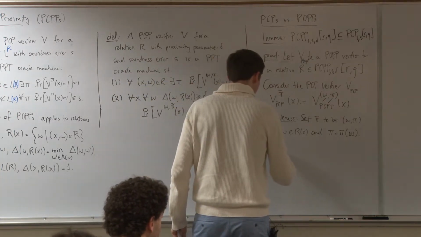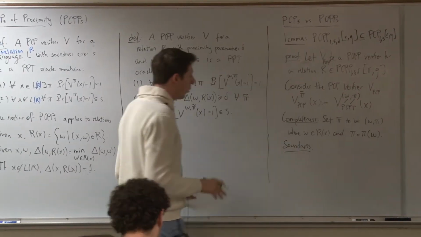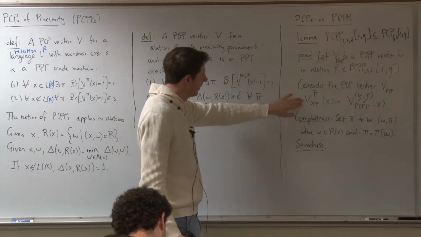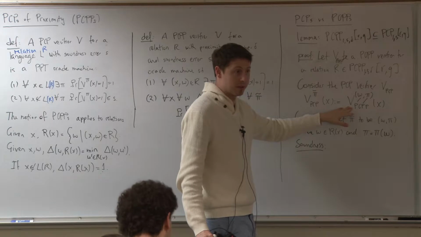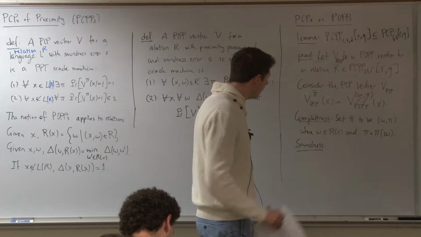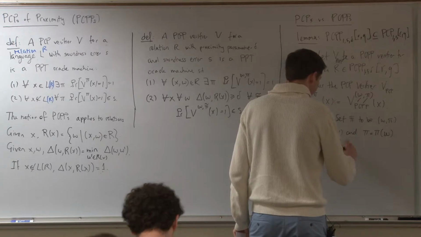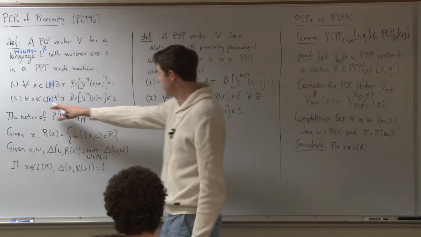In soundness is where we actually see the difference between the two. So why is it the case that the soundness error of the new PCP is literally equal to the soundness error of the PCPP? Here we want to say: fix X not in the relation R, because that's what we want to prove here.